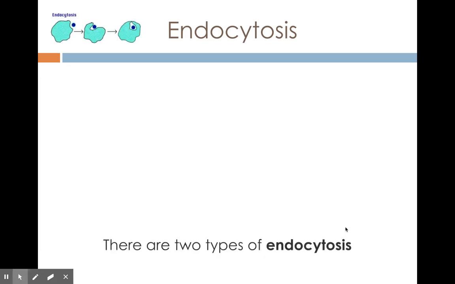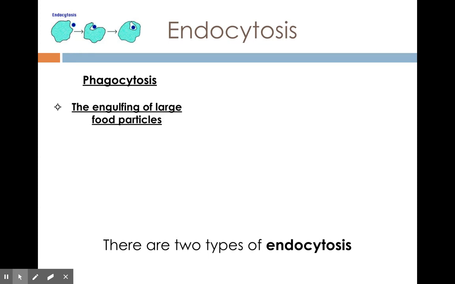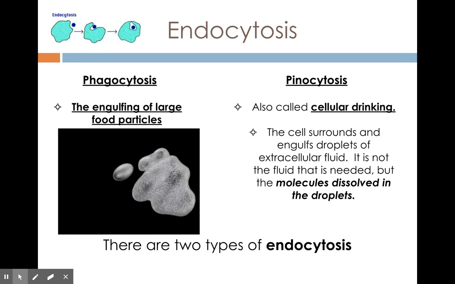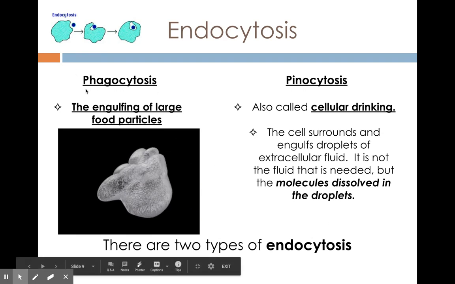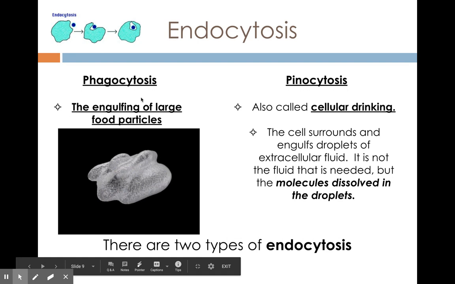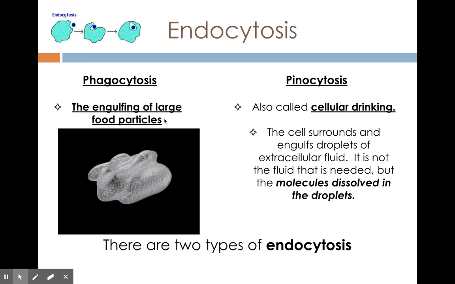So here are the two types of endocytosis. Make sure that you include this in your notes. The first type is phagocytosis. This is large food particles. The second type is what we call pinocytosis.